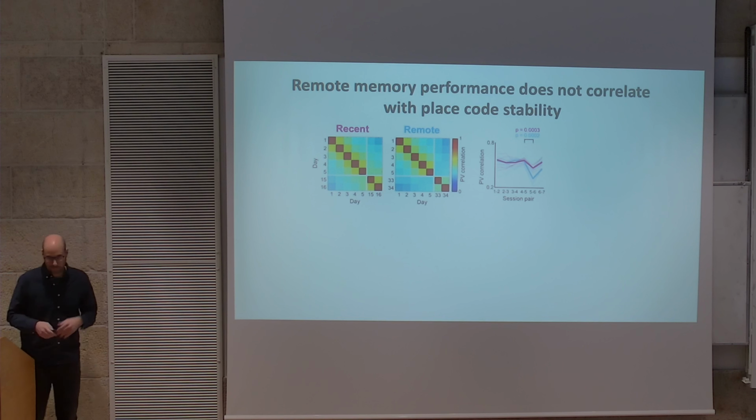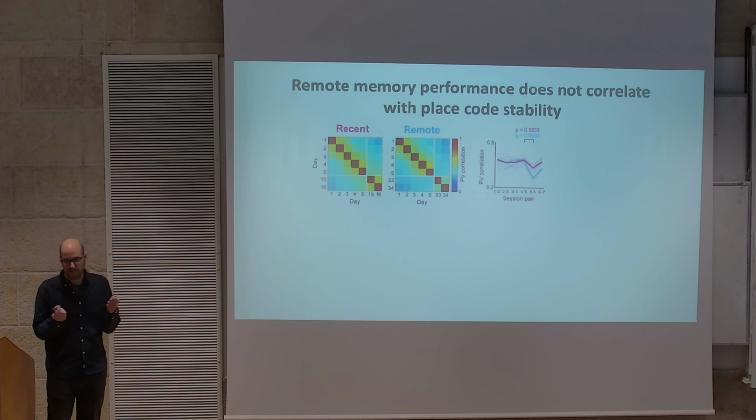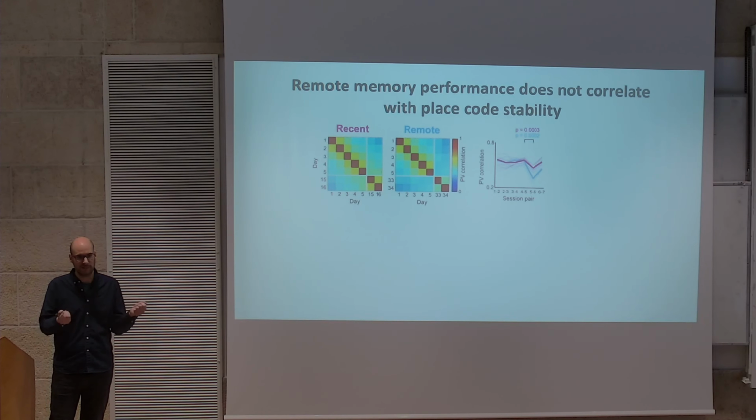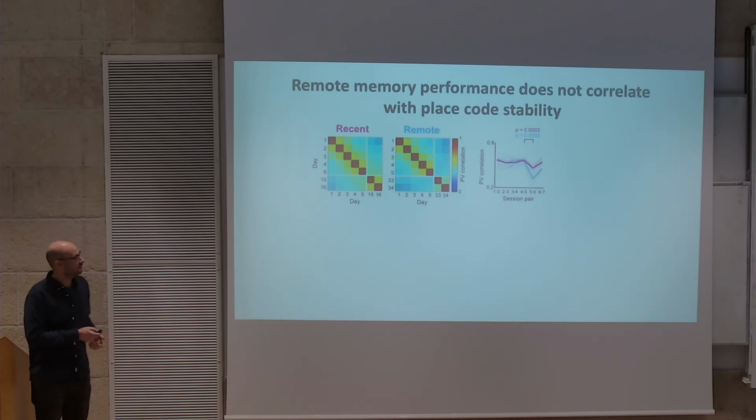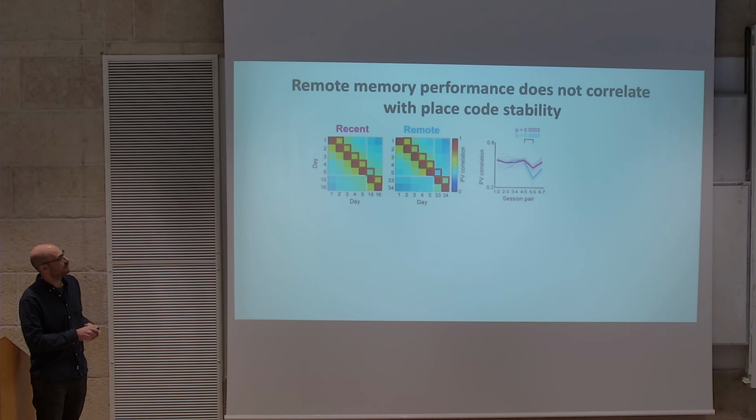Now, what about the stability of the code? Here again we use the same measure, this population vector correlation. Each entry in this matrix shows you the correlation, or the similarity, between the representation of the maze at different sessions. If we look at this secondary diagonal, comparing the similarity between subsequent sessions, we don't see a stabilization of the code.